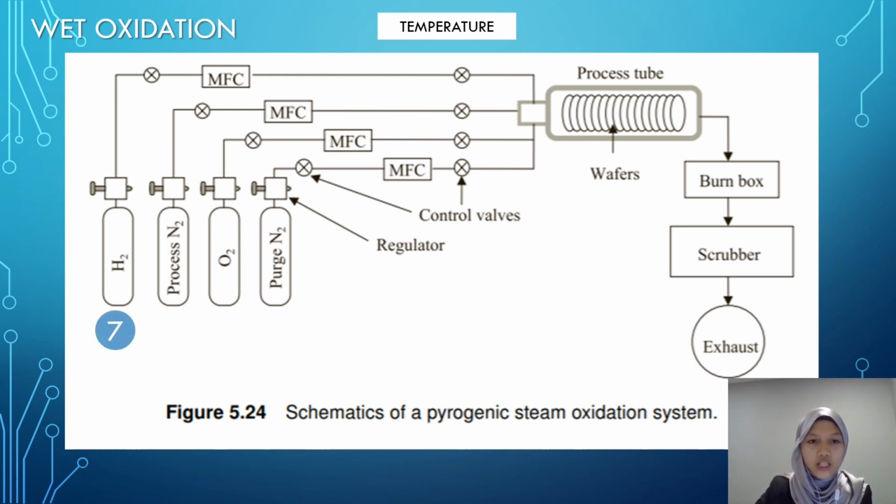Turn on hydrogen, and then steam oxidation with hydrogen and oxygen. Afterwards, turn on processed nitrogen and turn off oxygen and hydrogen. Temperature is turned down and the wafer boats are pushed out of the process tube. It is idle with processed nitrogen, and then the whole process is repeated again. Lastly, it is idle with purged nitrogen.